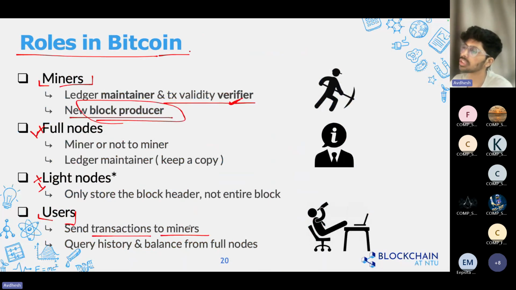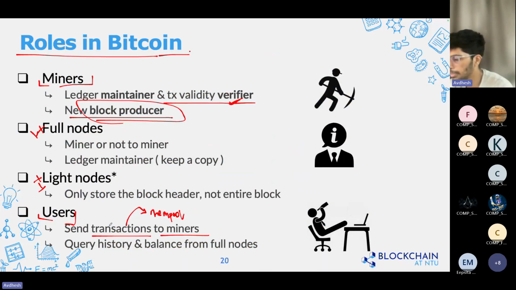The flow of a transaction is that the transaction goes through a memory pool, called the mempool. The mempool holds all the transactions, like what Alice is sending to Bob, first of all.